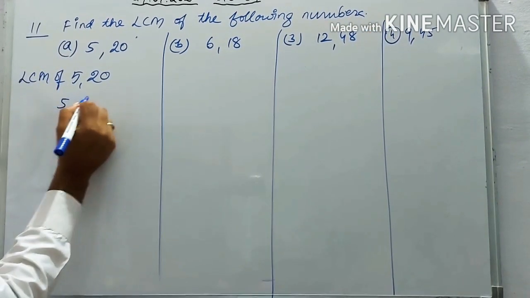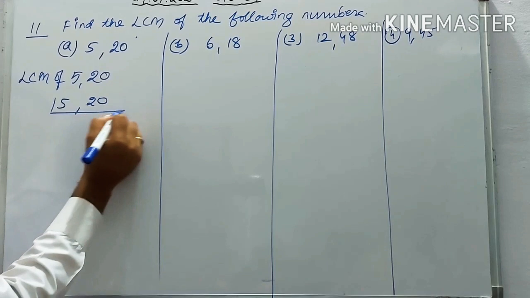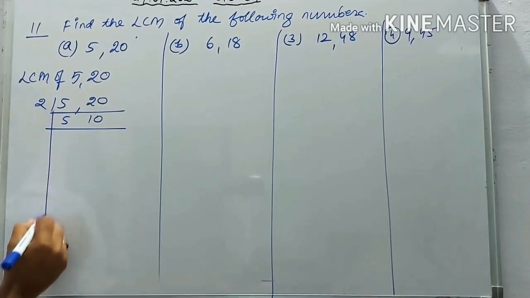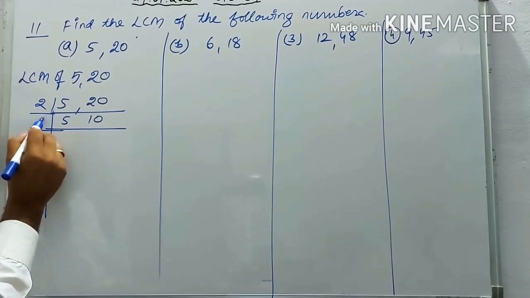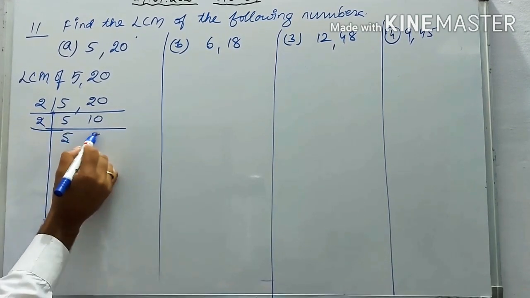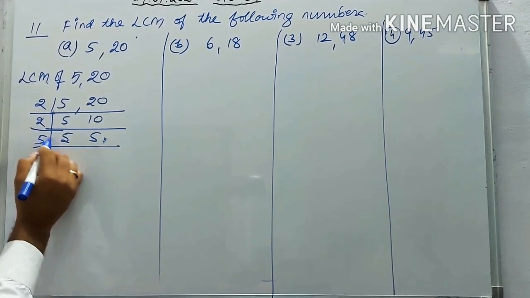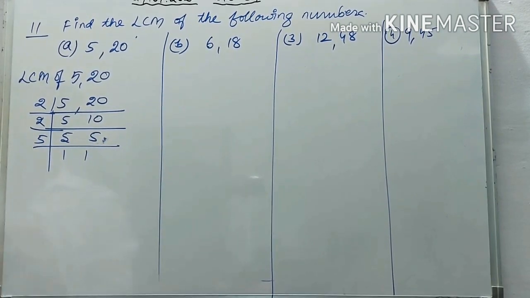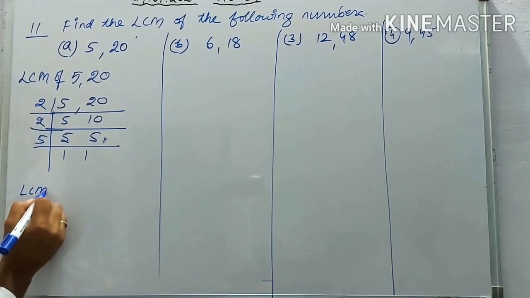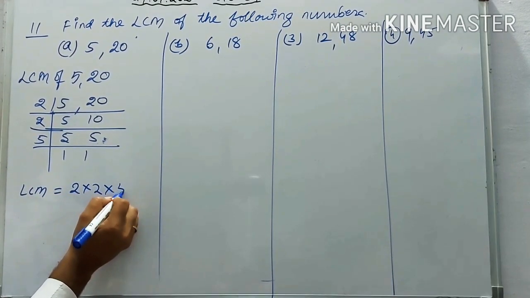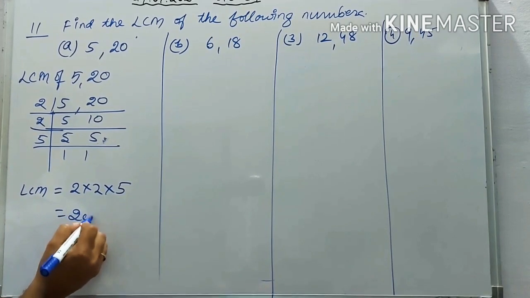For 5 and 20, first 20 becomes 10, and 10 becomes 5, and again 5 becomes 1. Okay, the LCM is equal to 2 into 2 into 5, this is 20.